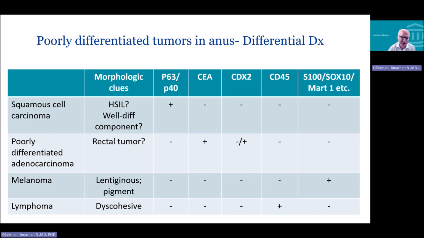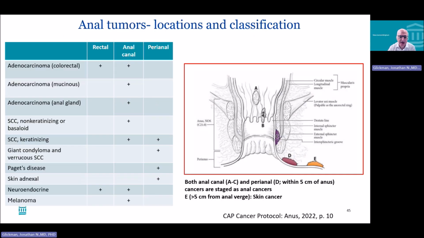There may be a history of a rectal tumor in the case of a poorly differentiated adenocarcinoma or a precursor lesion. But in thinking about a poorly differentiated squamous cell carcinoma, adenocarcinoma, neuroendocrine carcinoma, melanoma, or lymphoma, morphology and appropriately chosen immunostains will usually help sort this out.